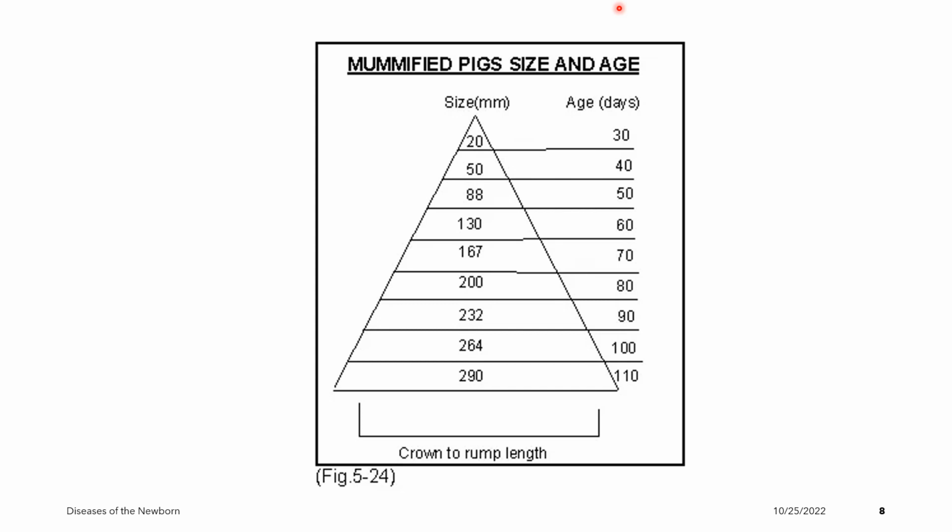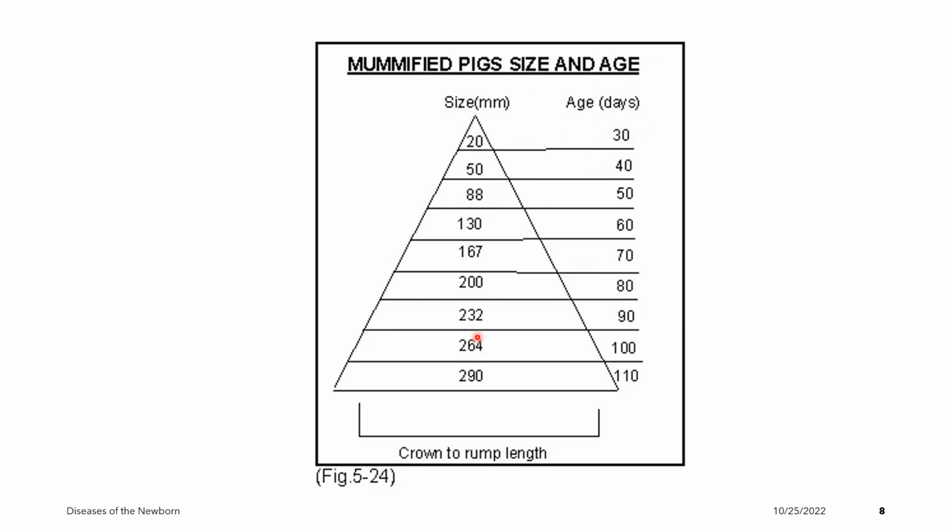Alternately, if the mummified pigs are of variable length, this is evidence of progressive disease over a period of time. Some viral infections affect the fetus from day 30 onwards and progressively spread during the period of pregnancy. For example, porcine parvovirus is a typical example of a viral disease that is progressive in nature. When the size of the mummified pig is 20 millimeters, the disease could have occurred at day 30 of gestation.